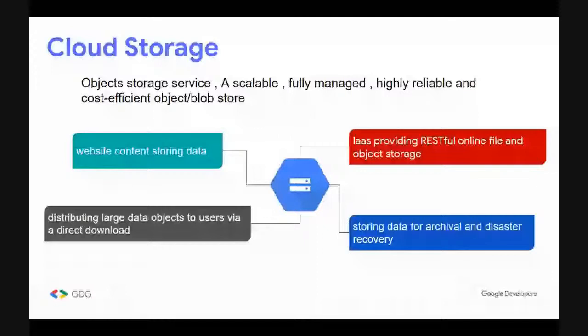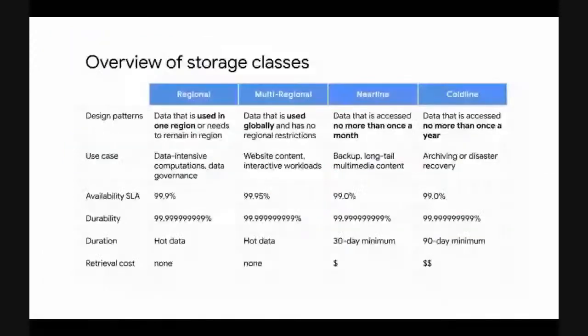Cloud Storage has four storage classes: regional, multi-regional, nearline, and coldline. Let's talk about regional storage. Regional storage enables you to store data at a low cost, with the trade-off being that data is stored in a specific regional location instead of having redundancy distributed over a large geographic area.